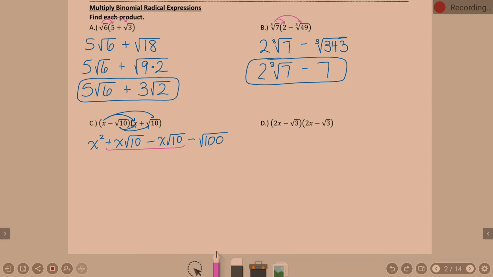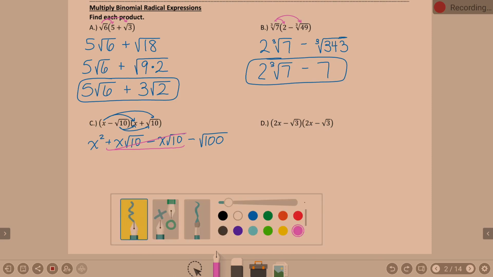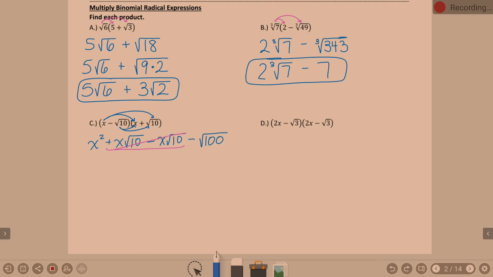Plus x square root of 10 and minus x square root of 10 are going to cancel. So they're going to be gone. X squared out front is x squared. What about the square root of 100? It's 10. So what are we going to have? X squared minus 10.